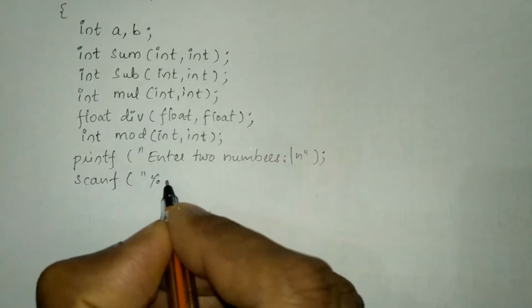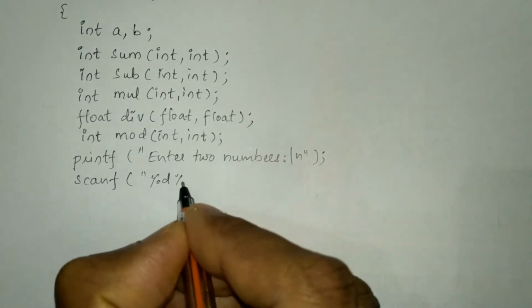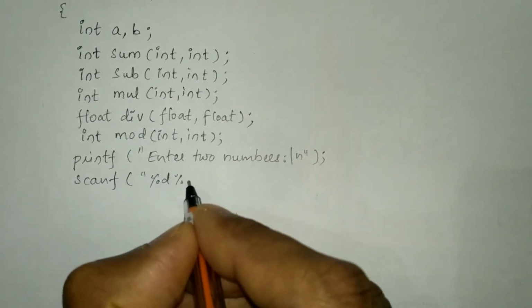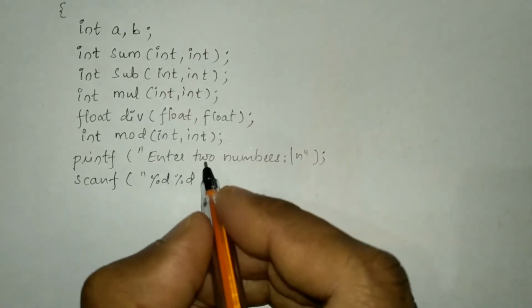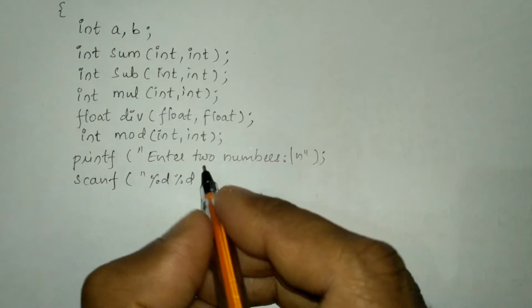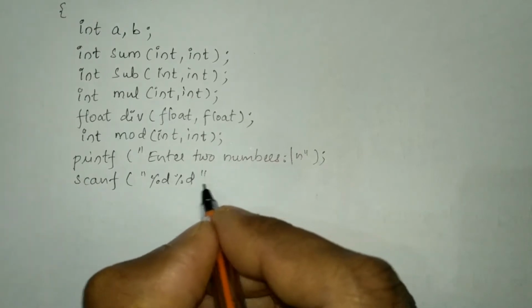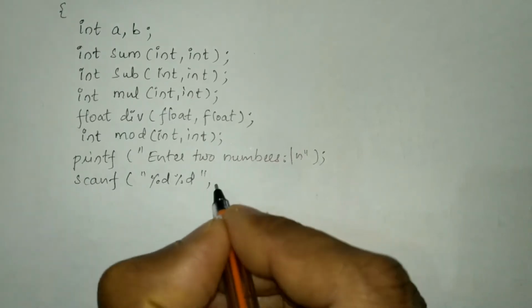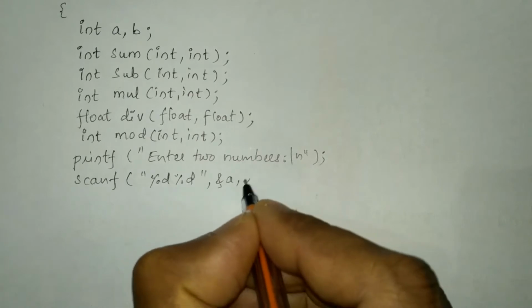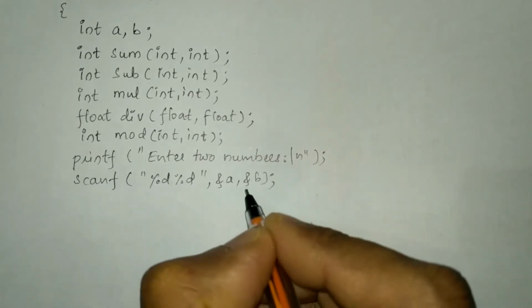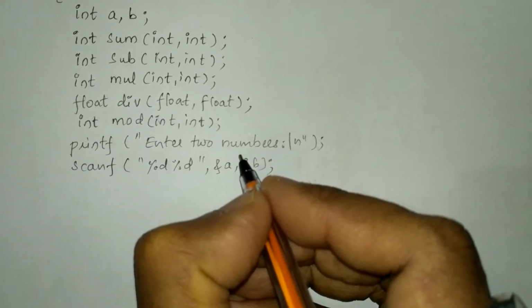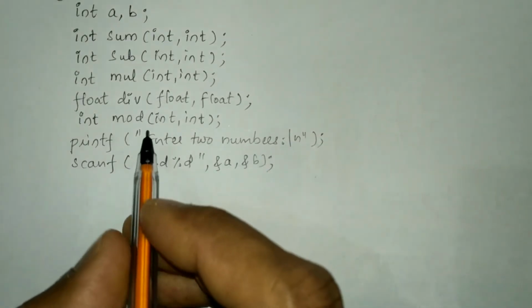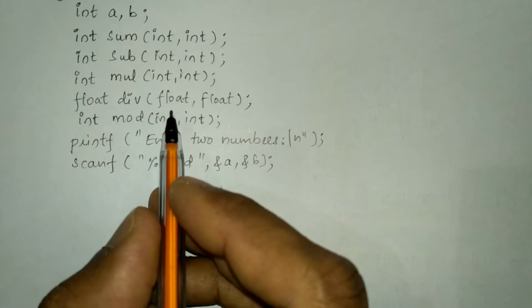In double quotation marks I'm going to write %d format specifier and %d format specifier for the a and b variables. End the double quotation mark, put comma, ampersand of a, comma, ampersand of b, and now you need to put a semicolon.